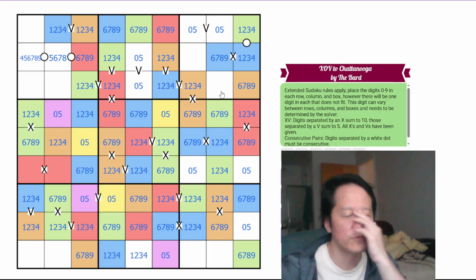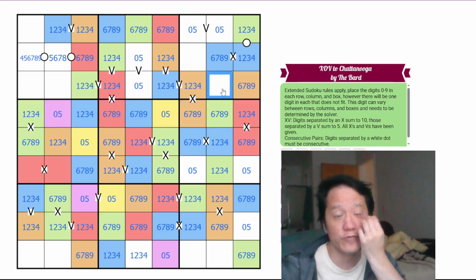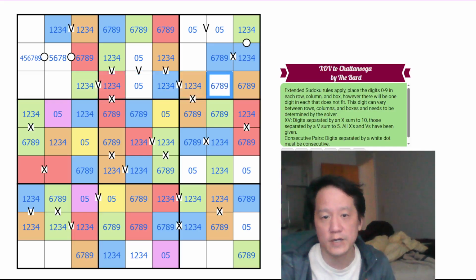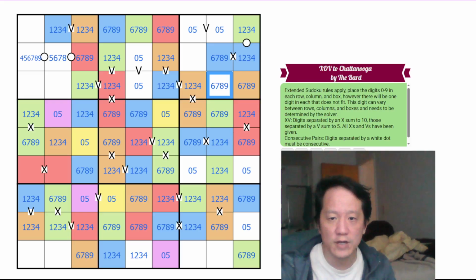What else do we have? This can't be 0, 5, it cannot be 1, 2, 3, 4. This has to be a high, so it's 6 through 9. And the only high left in column 8 is a red high. These could be 0, 5 or 6, 7, 8, 9. We're not sure. But neither of these can be the high green, because this is high green, this is high green.